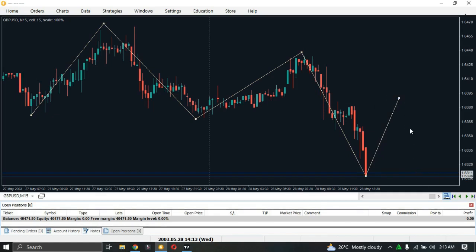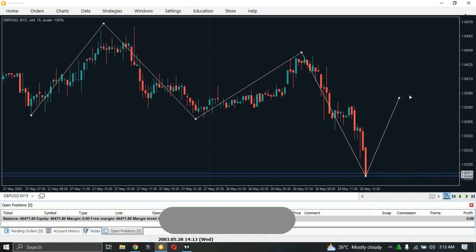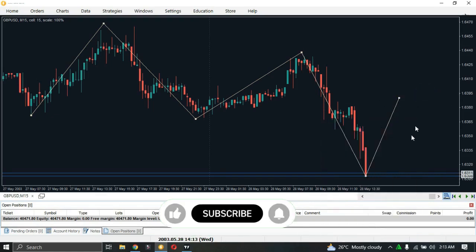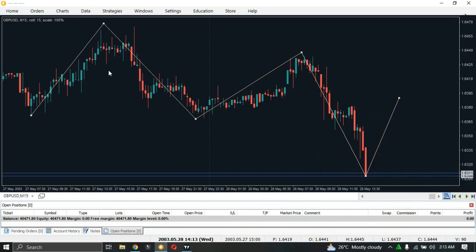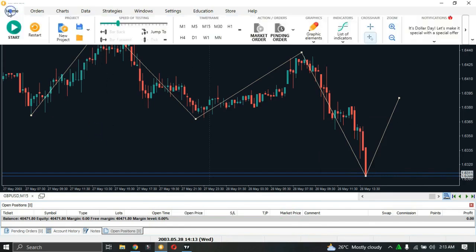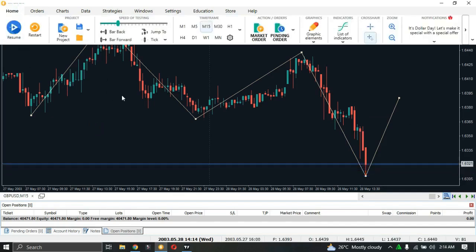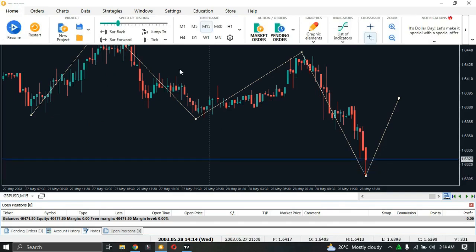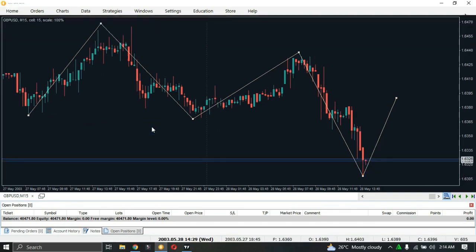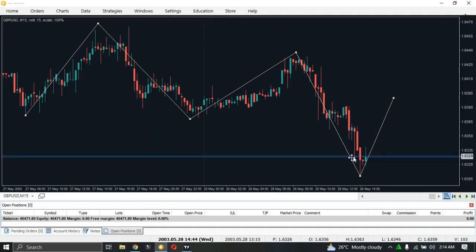Normally we're supposed to wait for a lower high, but I'm going to try to catch the buy up, and buy pressure, sell pressure ended here.